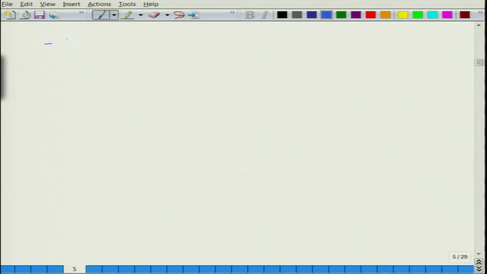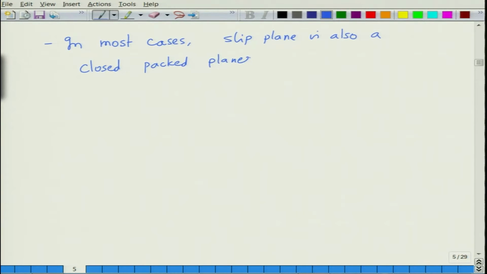In the majority of cases, the slip plane is also a closed packed plane, but this is only possible for closed packed systems.